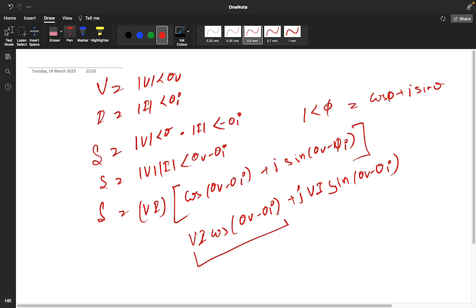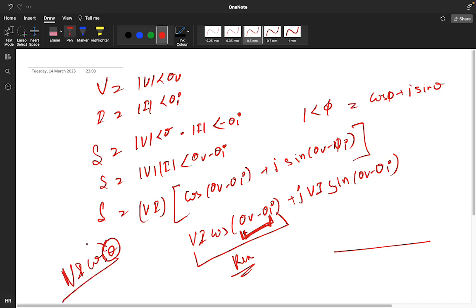So this theta V minus theta I is your phase angle, meaning the lagging or leading angle. That's why I told you this is your real power. Real power was what? VI cos theta. Theta is the angle between V and I. Particularly in an RL load, V is leading and I is lagging by some angle.